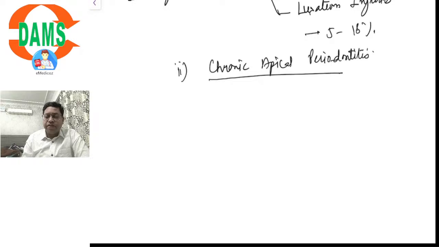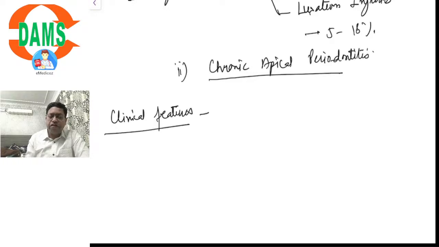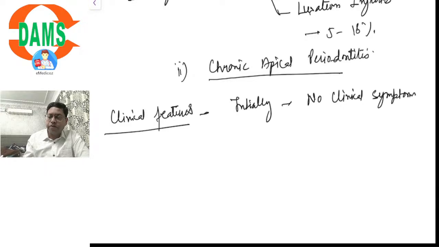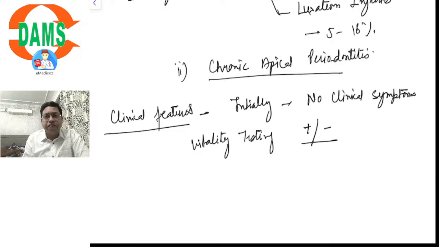Okay. If we talk about clinical features of a tooth which is undergoing external inflammatory root resorption, then initially there are no clinical symptoms. Vitality testing of a tooth can be positive or negative. Ambiguous results are obtained.